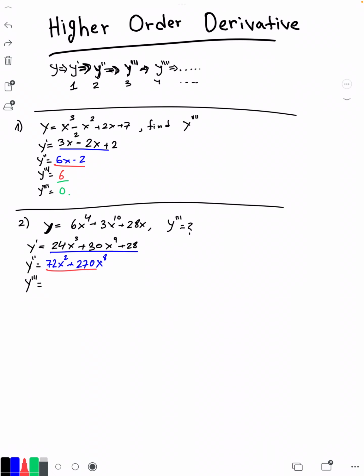And now the third derivative will come from this result, so 72 multiplied by 2, 144x, plus 270 multiplied by 8. You can probably use a calculator, but the result will be 2160x, 8 minus 1, 7. So, hopefully this makes sense.